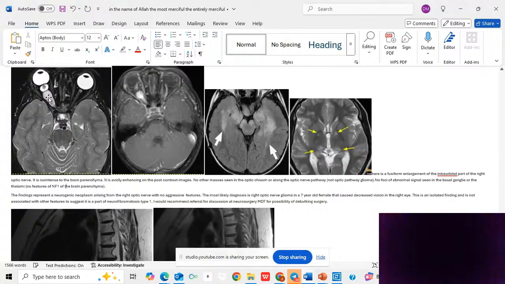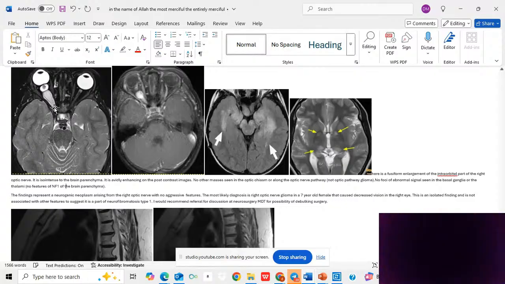And this right optic nerve glioma is an isolated finding and is not associated with other features to suggest neurofibromatosis, that it is a part of neurofibromatosis type 1.